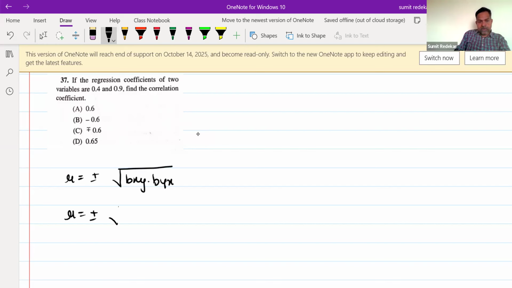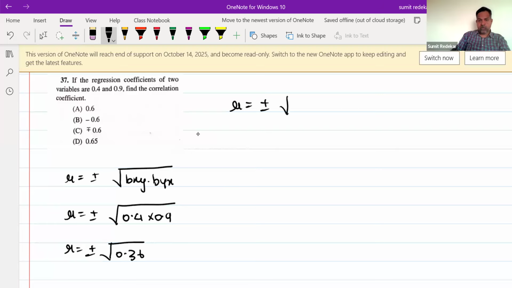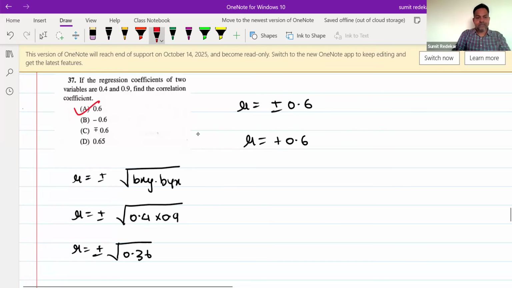So r is positive or negative root of 0.4 into 0.9, which is the square root of 0.36, which is positive or negative 0.6. Now both are positive, so it will be positive. So r is positive 0.6. The answer is A, positive 0.6.